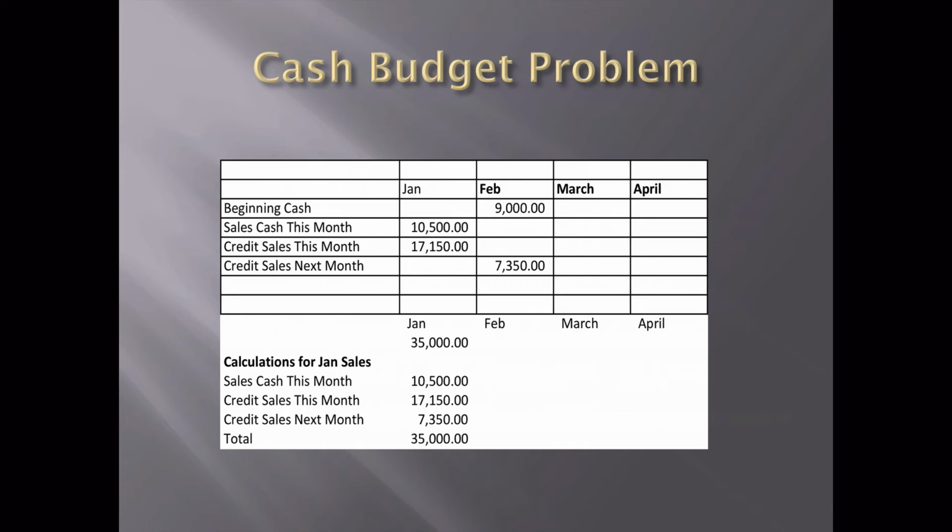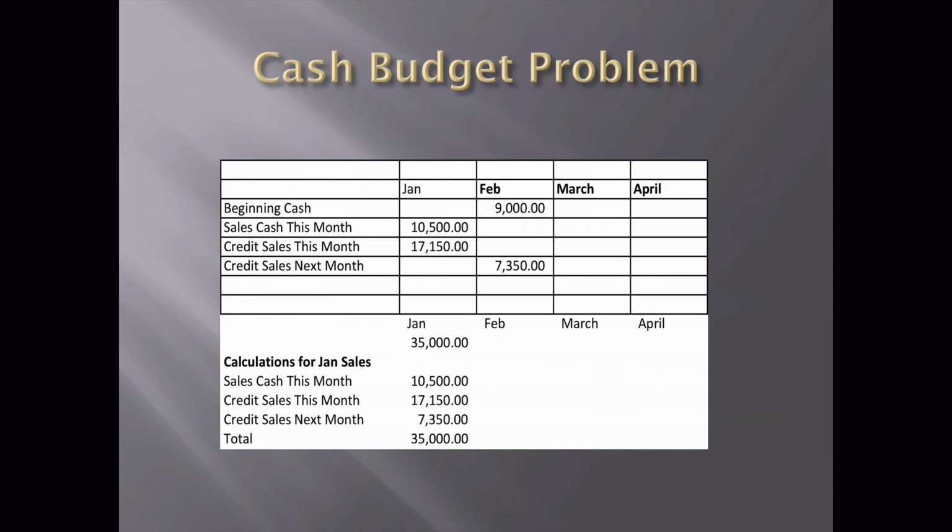Now we have credit sales of $24,500, and those credit sales we get both in January and February. So our 100% is $24,500. If we take the $24,500 and multiply it by 0.7, we get $17,150.